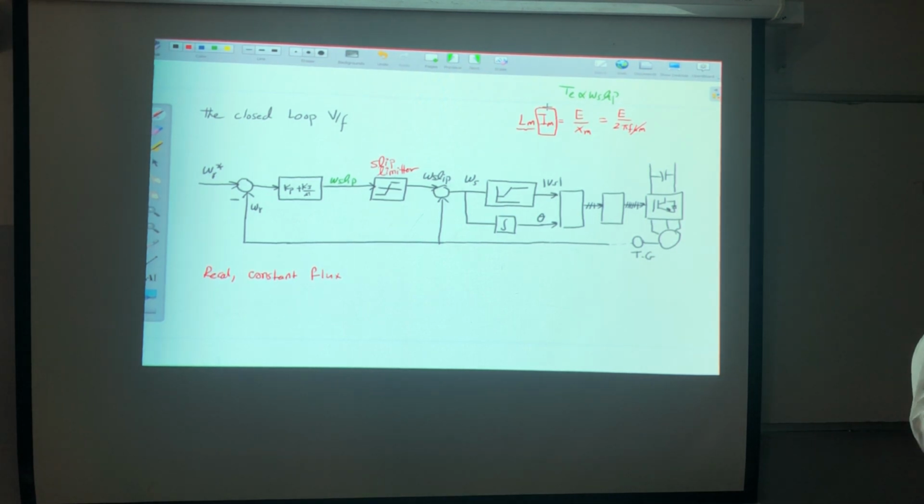So if I can build the relation for Im, I can control the magnetizing current indirectly by directly controlling the stator current. So the constant flux requires constant Im, correct? Which cannot be controlled directly.